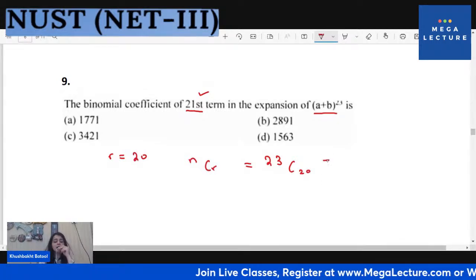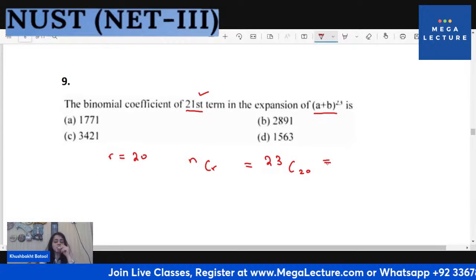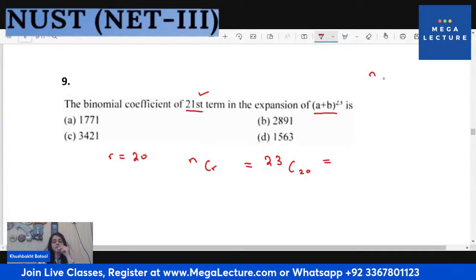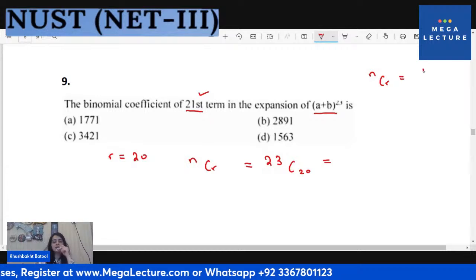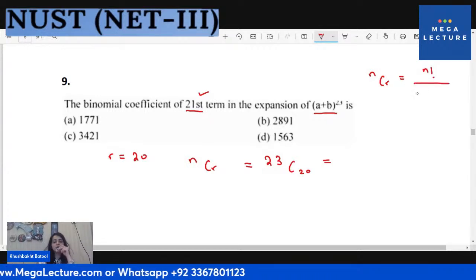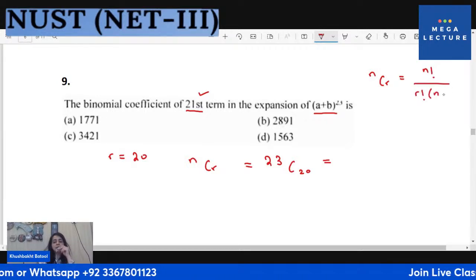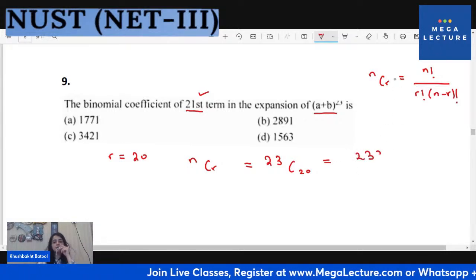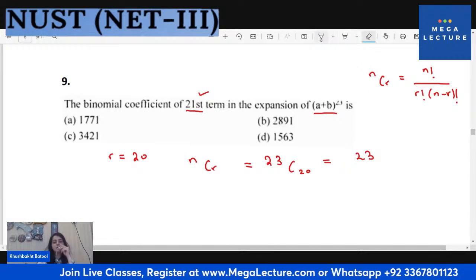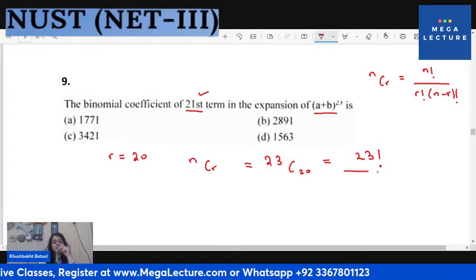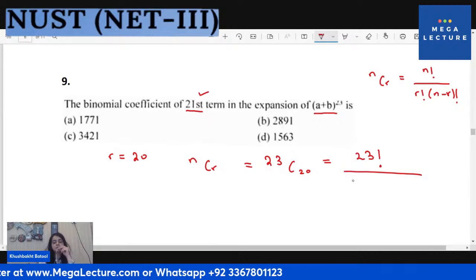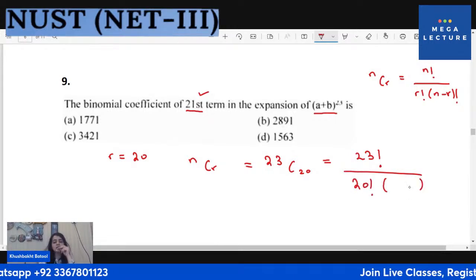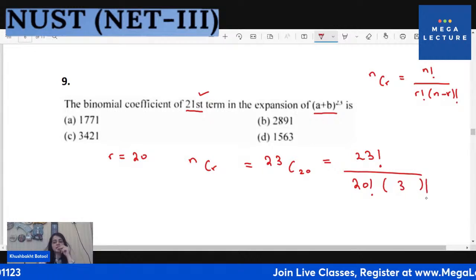But in the previous class, we discussed permutations and combinations, and there I told you nCr is basically n factorial divided by r factorial multiplied by (n minus r) factorial. So it would be 23 factorial divided by 20 factorial into (23 minus 20), that is 3 factorial.